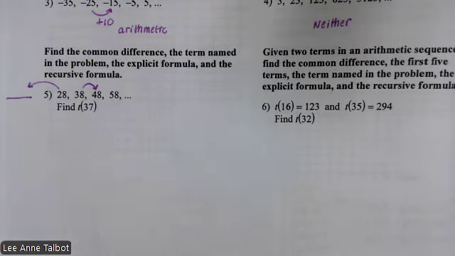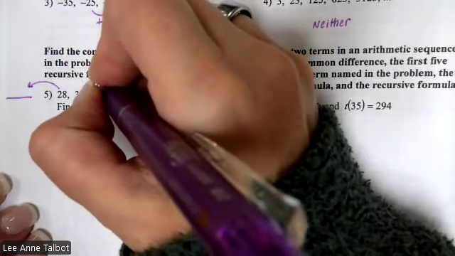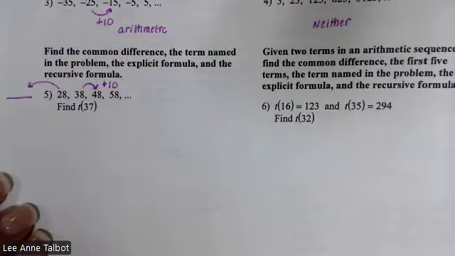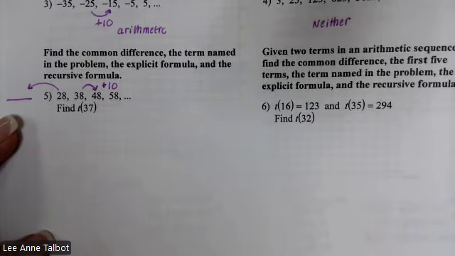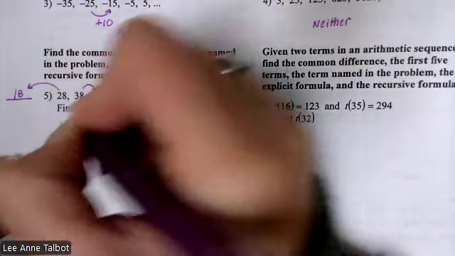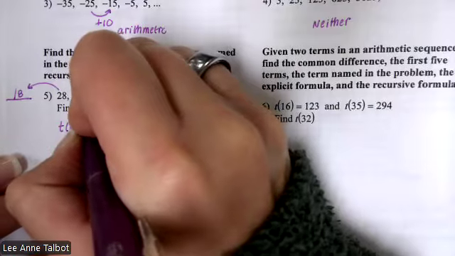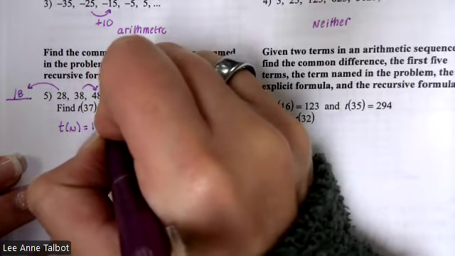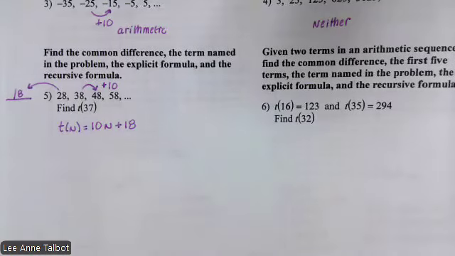What is this one doing? Up 10? Everybody agree it's up 10? Okay. And then what would term 0 be? 18. Great. So T of n equals 10n plus 18.